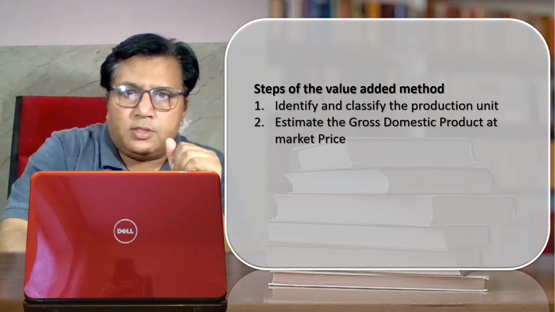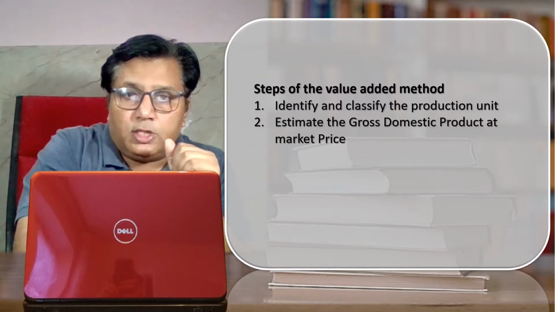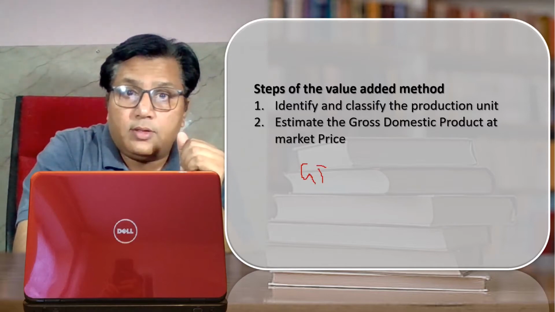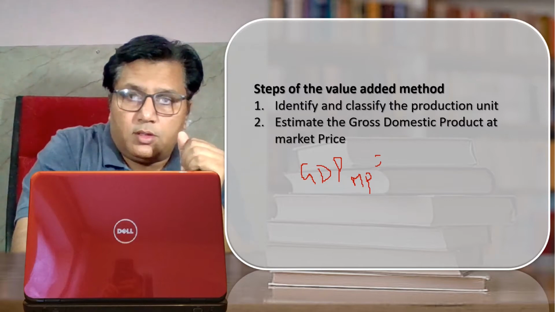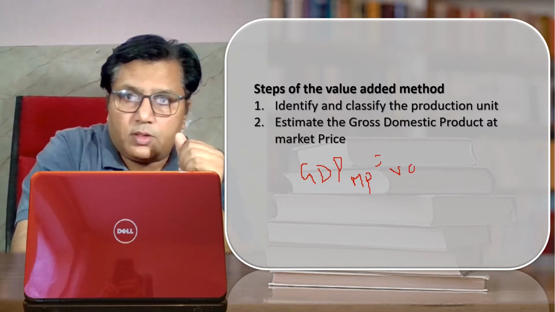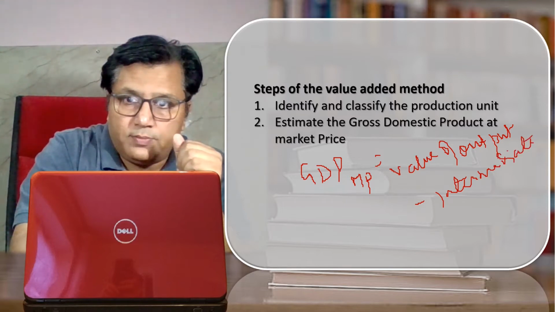The second step is that we have to calculate the gross domestic product at market price. The question is how to calculate it? GDP MP. The formula is value of output minus intermediate consumption.